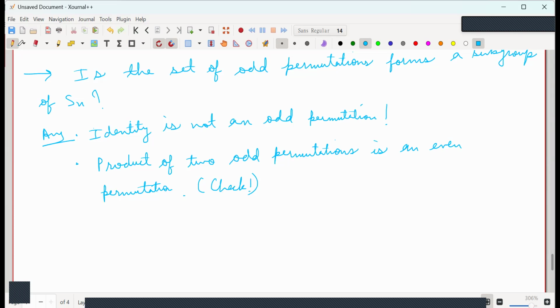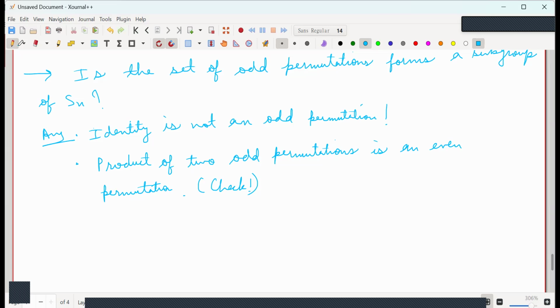So whatever definition we have mentioned above, we focus on the disjoint cycle permutation, right? So if we are taking the product, then the resultant may not have a disjoint cycle permutation, right? But if you see the other definition that I just spoke but didn't write, an even permutation is a product of an even number of transpositions and an odd permutation is a product of an odd number of transpositions, right?